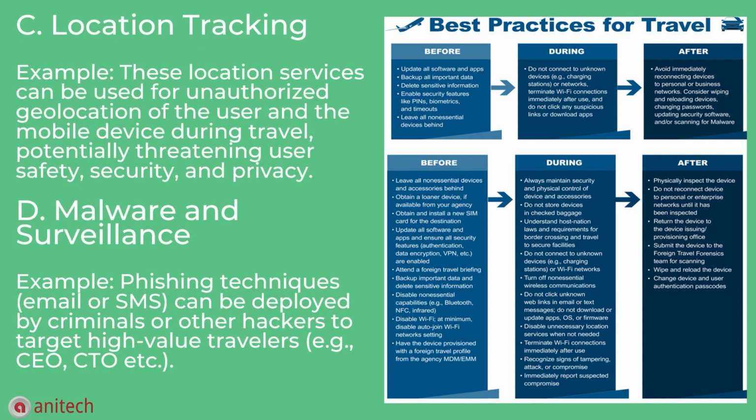Now, talking about location tracking and malware surveillance. As I talked about location tracking just before this, these location services can be used for unauthorized geolocation of the user and the mobile device during the travel. What happens is when you're traveling, whoever is your network provider in that country is going to track you.